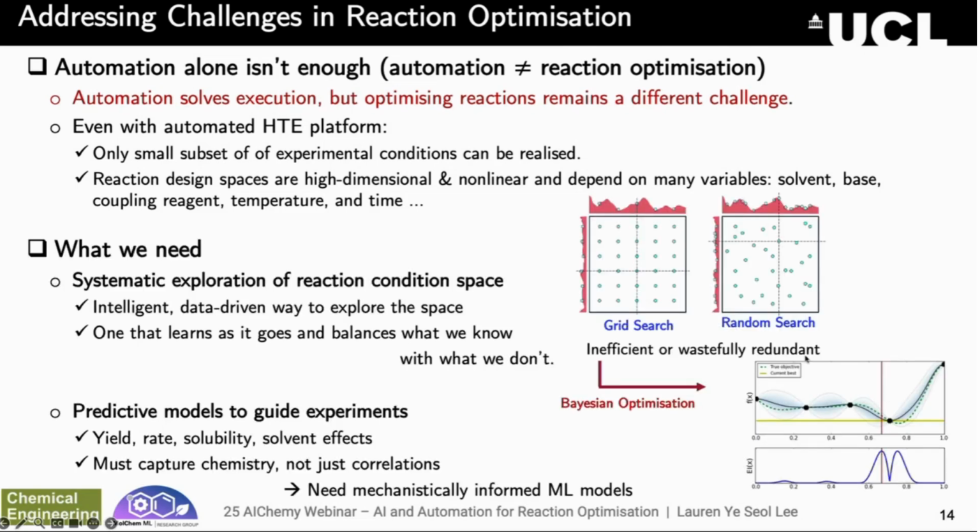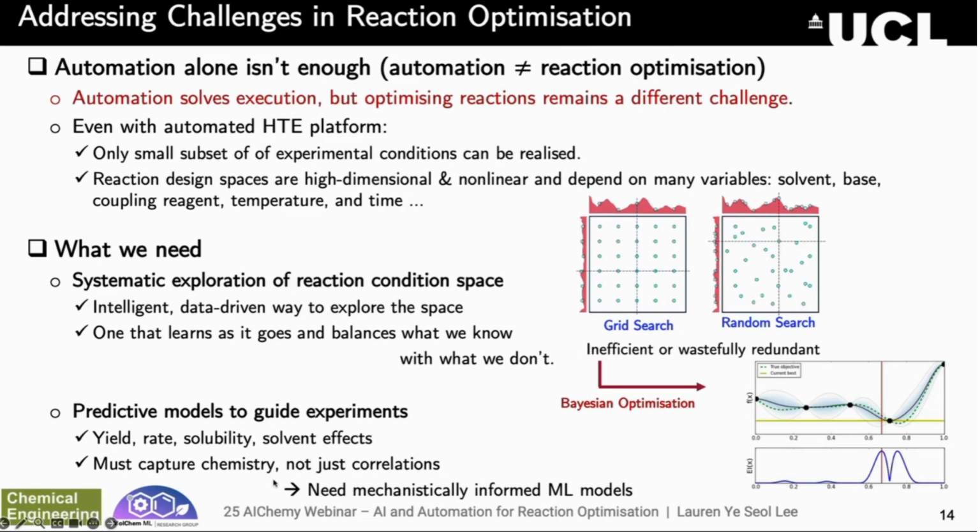So what we really need is a systematic and data-driven way to explore this design space. So something that learns, we need a model or algorithm that learns as it goes and avoids wasting experiments. And that's where Bayesian optimization becomes powerful.